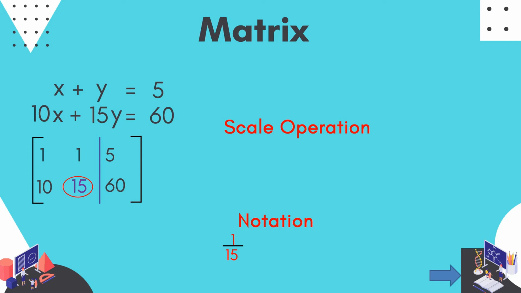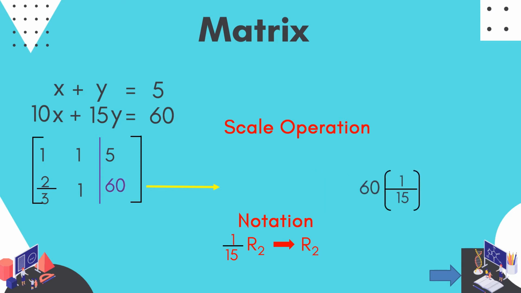So, the multiplicative inverse or reciprocal of 15, which is 1 over 15, we're going to multiply to row 2, and this replaces row 2. So, let's solve. 10 times 1 over 15 is equal to 2/3. 15 times 1 over 15 is equal to 1.